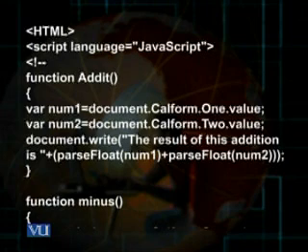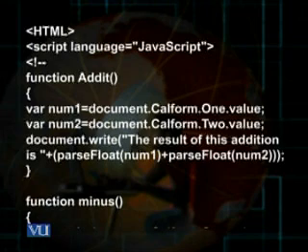After the plus sign, you can notice I have written my formula: parseFloat(num1) + parseFloat(num2), and then I close the small brackets. Here I'm asking that num1 and num2, the values which the user had typed in the text boxes, be added up after they are converted into the data type float because of the parseFloat function.